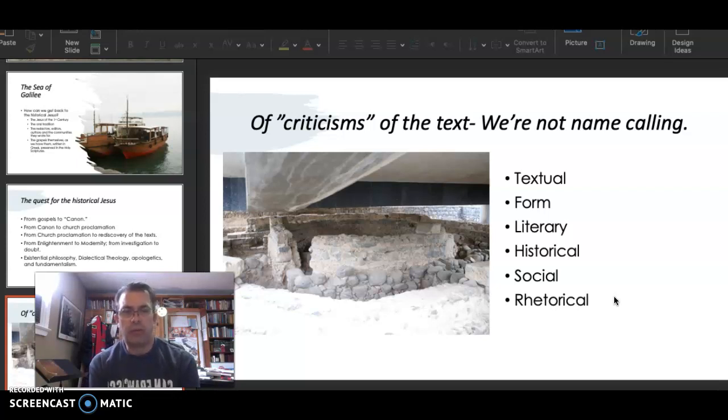Rhetorical criticism is the power of the argument within the text itself. Rhetorical criticism seeks to understand ancient rhetorical objectives and how they work.